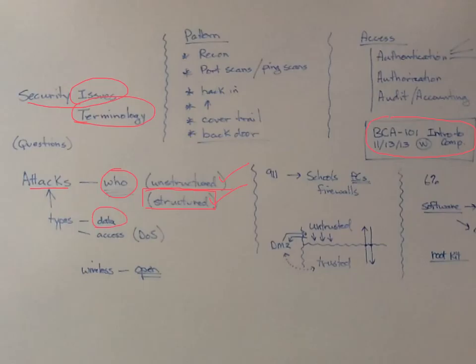People can attack in terms of data, whether they want to change, see, view, or manipulate data. Or they want to stop access to a server or a device. We use the term denial of service.